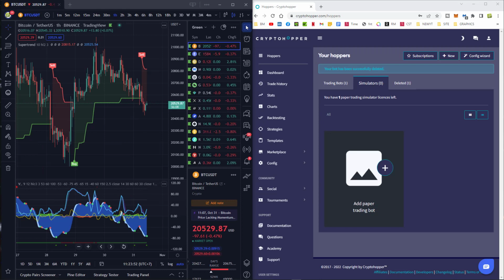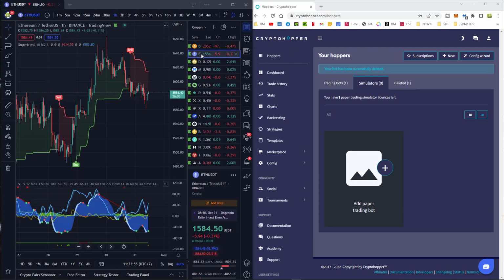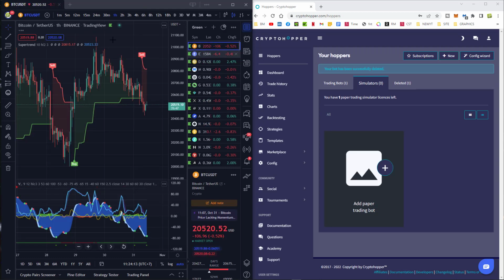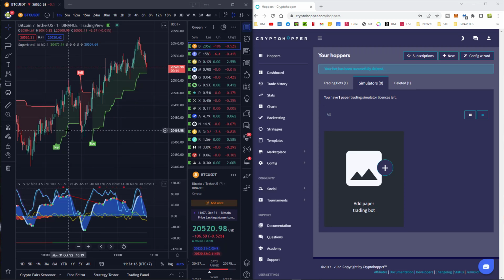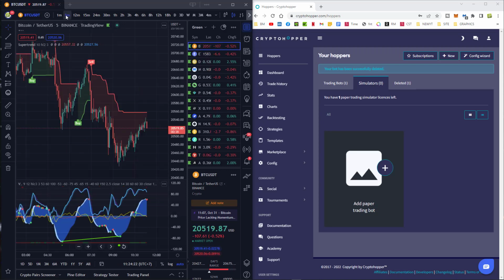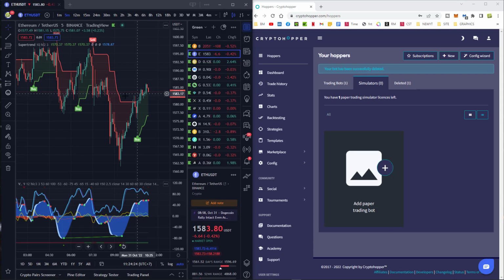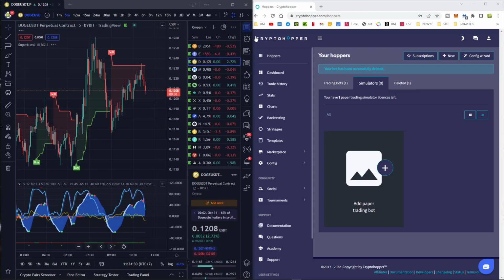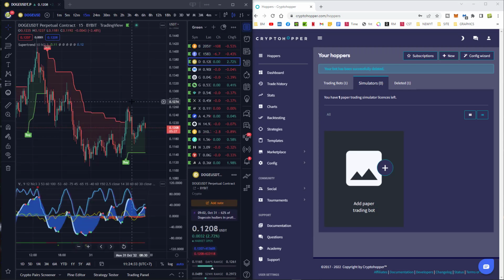I want, maybe I choose a different coin. It doesn't have to be Bitcoin, does it? Alright. And I've just had another brainwave as well. What you could do with this is you could set up the paper trading, and you could have, let's say, Bitcoin on the 1 minute, and you could try that out with just Bitcoin on the 1 minute, and then you could say, right, well, 5 minute I have Ethereum, and set up Ethereum on just the 5 minute, etc. Dogecoin on the 15 minute.